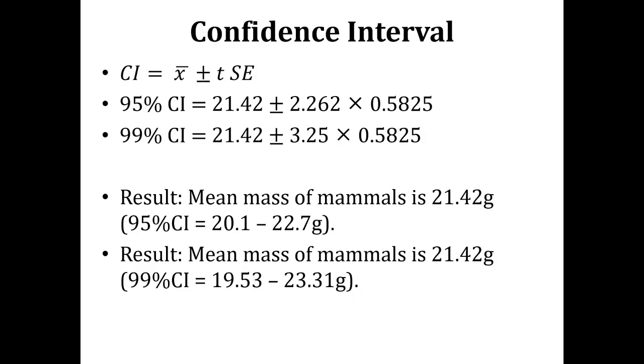So if we go into this population and randomly pick any observation, it is likely to lie within this range. There is a 95% chance that it is going to lie within this range. So this is what is meant by confidence interval.